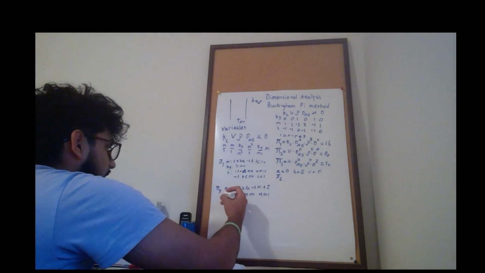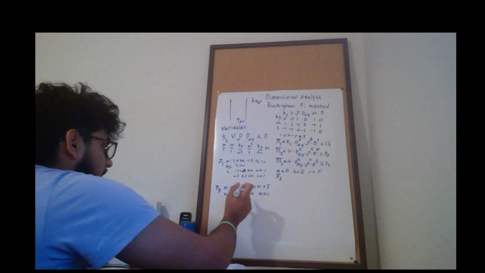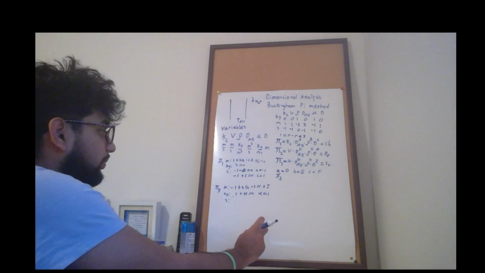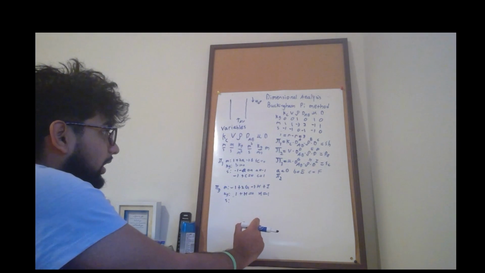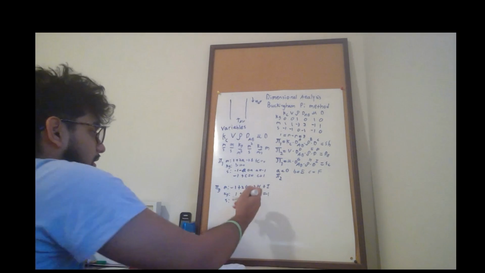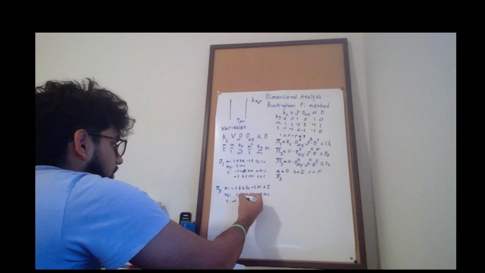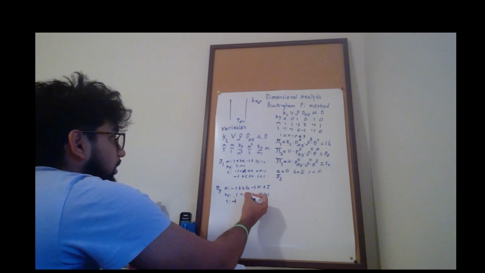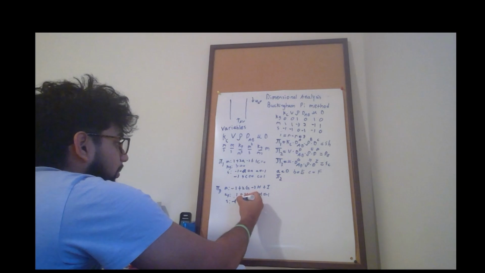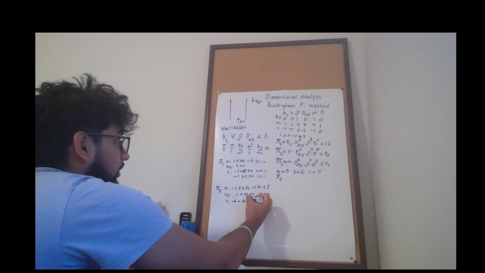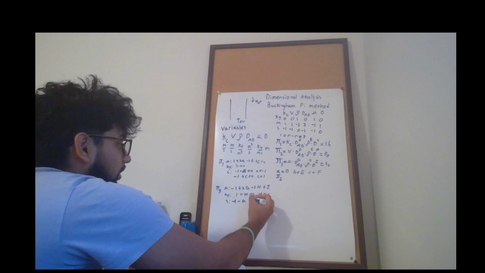And for seconds, we have -1 minus g equals 0.